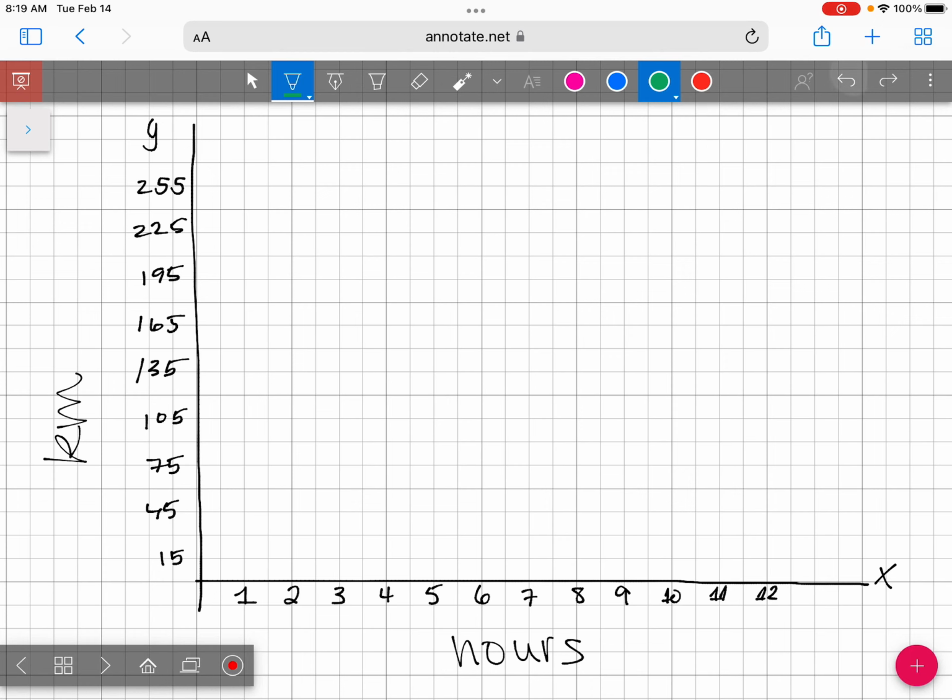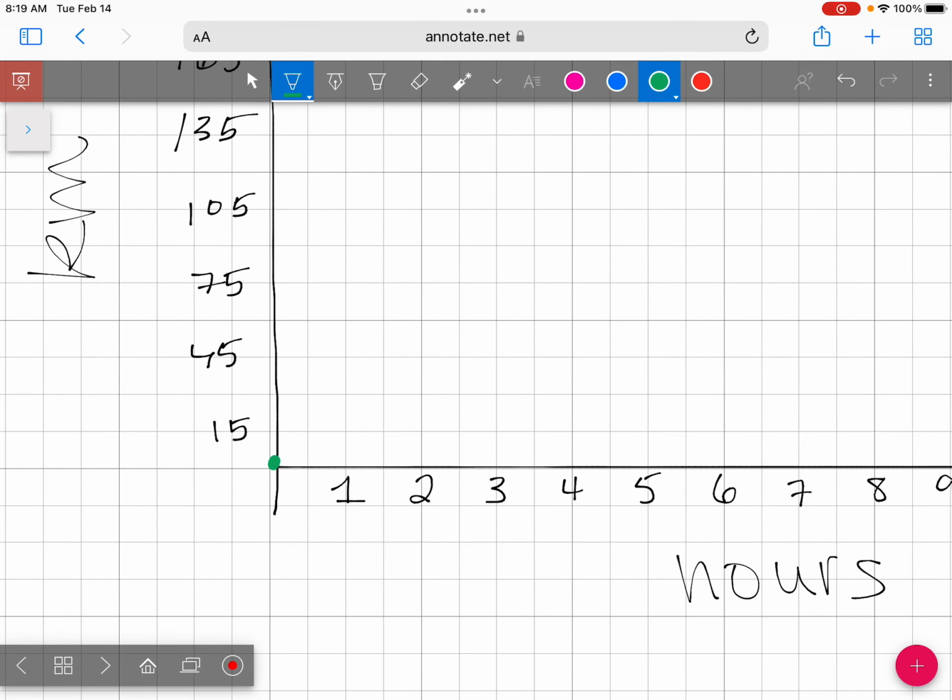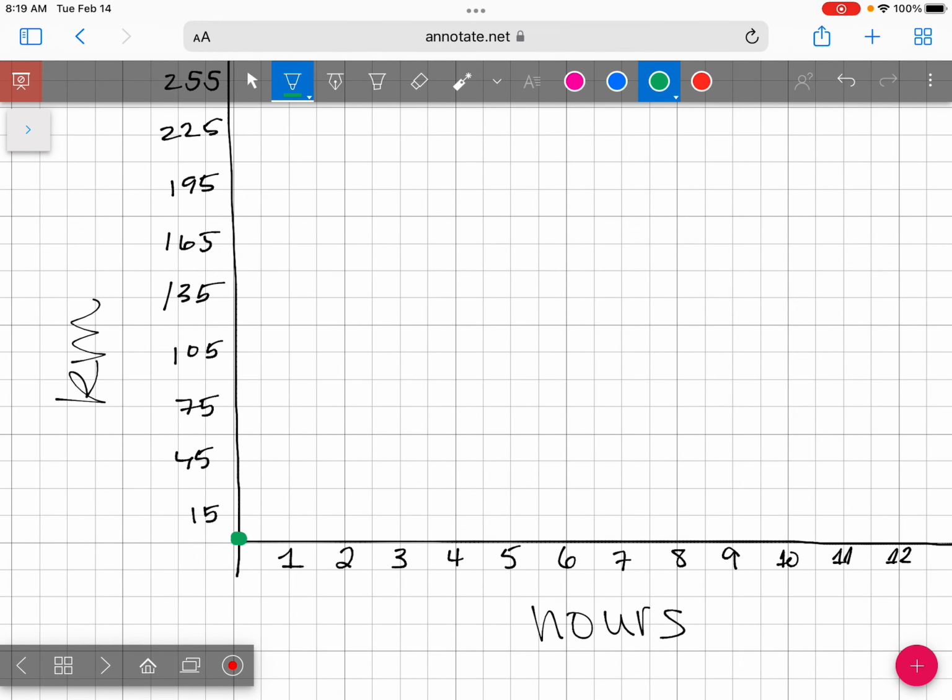So Ryan's going to start way down here. For every hour, how many kilometers does he go? 30. Yep. So we can go up here, and that means at 2, he's going to be here. 3, 4, 5.